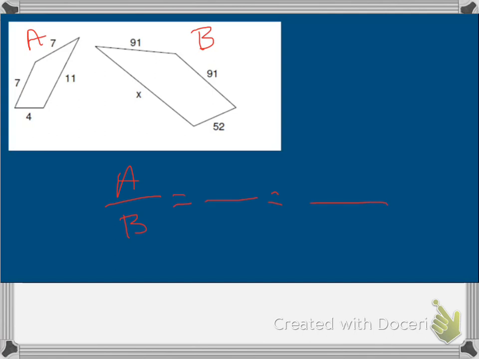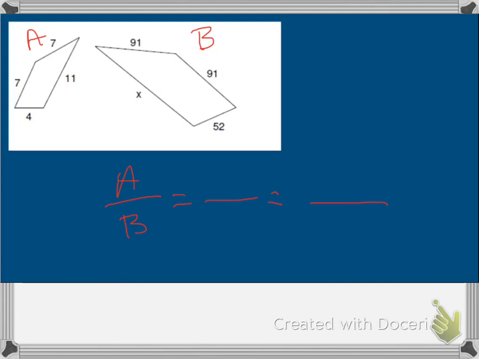It doesn't matter which set of sides I use. These have every side labeled. It doesn't matter which one I use, as long as I use the corresponding sides in both of the figures.